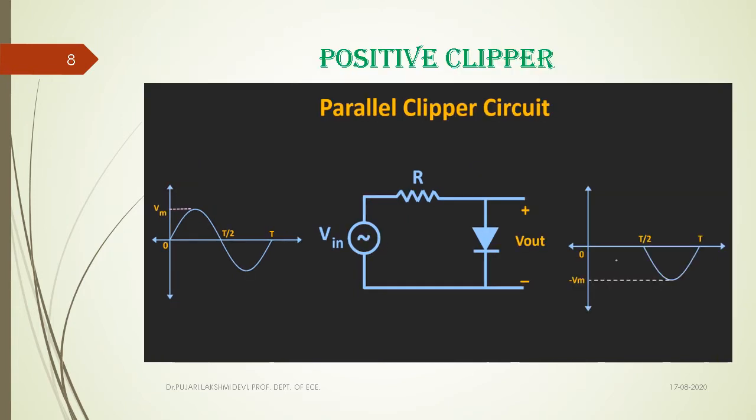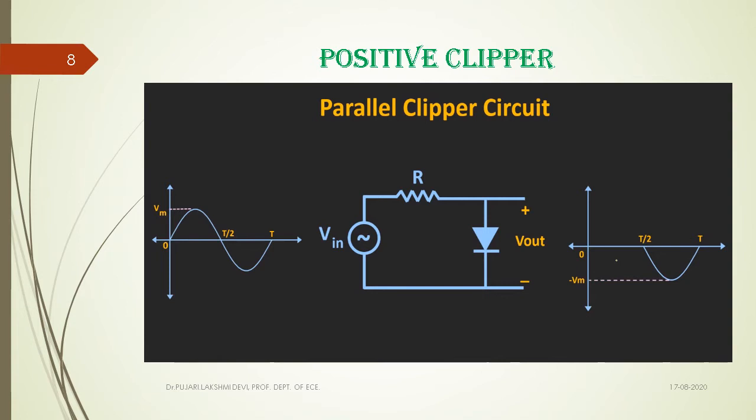Whenever the diode is short circuited during the positive half cycle, it allows current like this. The drop across the diode is very negligible, because when the diode is forward biased, its resistance is very low, so the drop across it is also very low. If it is an ideal diode, the drop across the diode is totally zero.